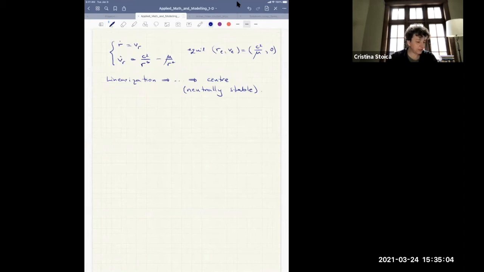Then the next part was the integration, I think. Before the integration, I want to still make you attentive about something.